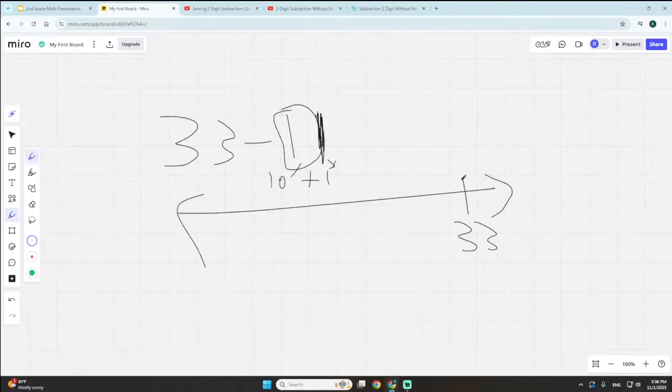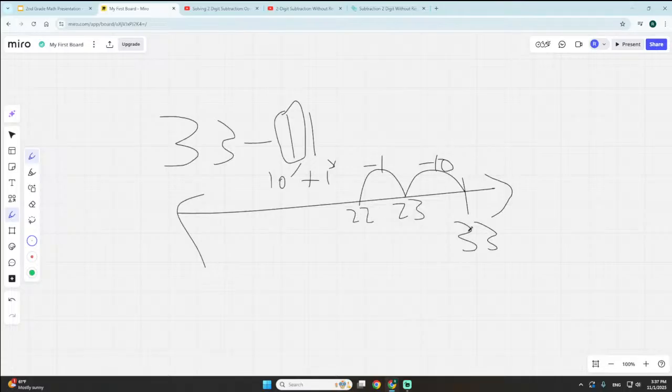So first we want to make a jump of minus 10 to 23. Then we have to make the jump in the ones place, which is 1. So we make one jump of minus 1, which is 22.